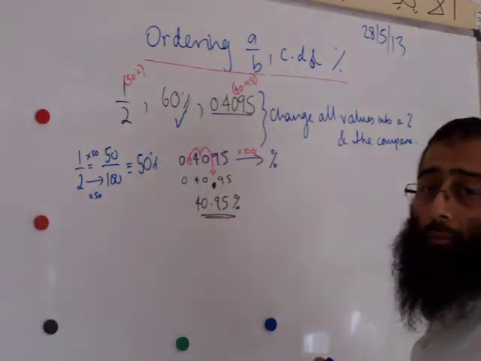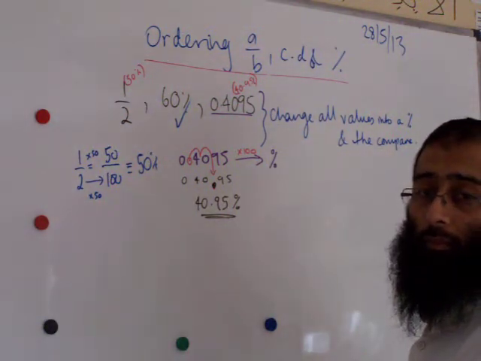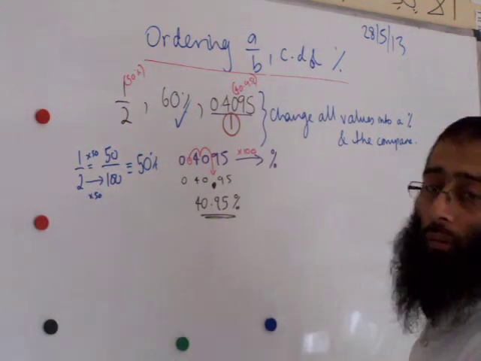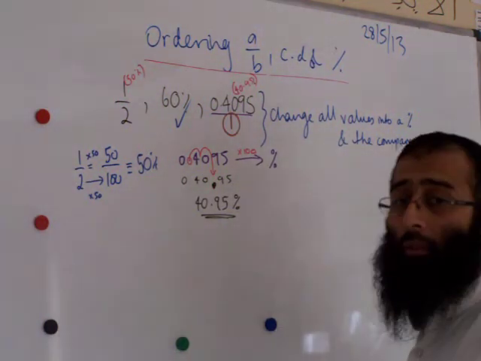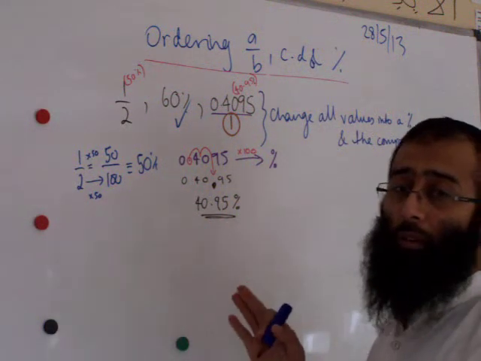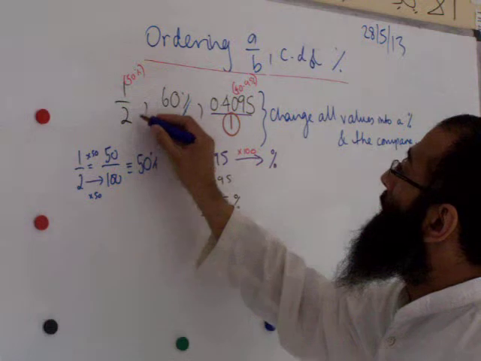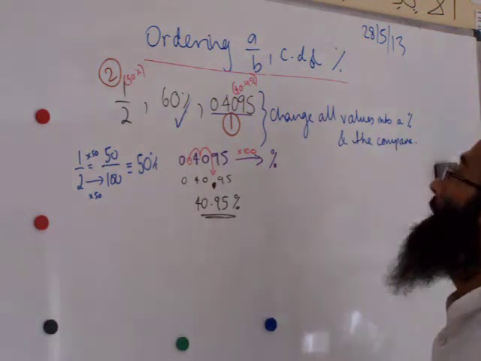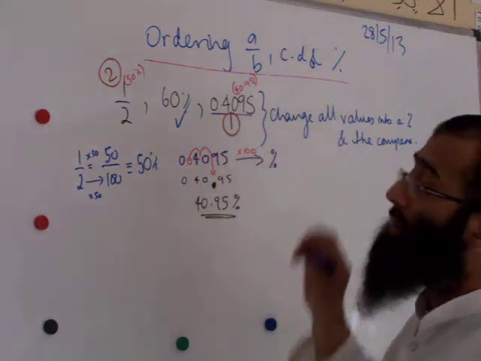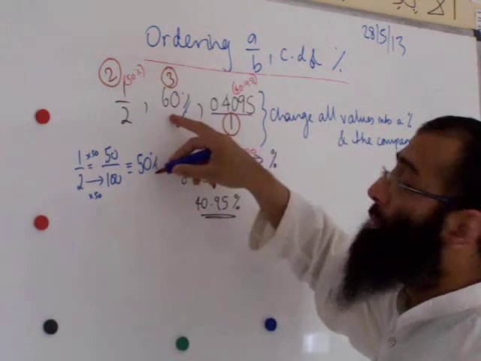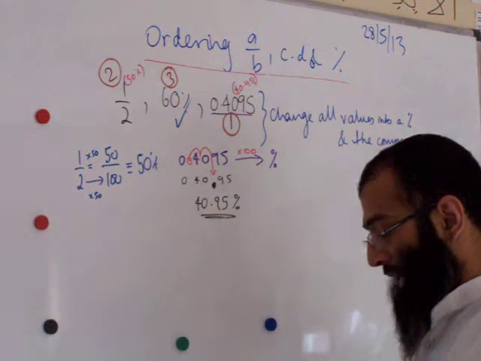Which is smallest? 1. Which is the next one? After 40.95%, which is the next biggest value? And that's the middle value, and then the largest value is 60%.